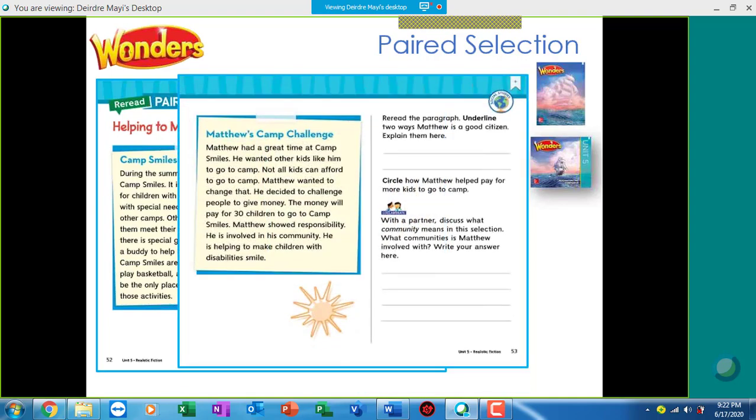So again, you will notice along the way, we will always reprint part of the paired selection so that students can engage with the text and have that same scaffolding that they previously experienced. Every type of text that the students are experiencing in whole group will be supported by this reading writing companion.